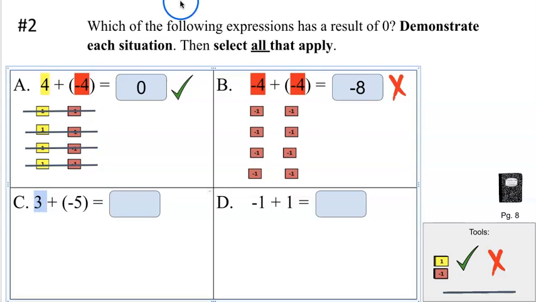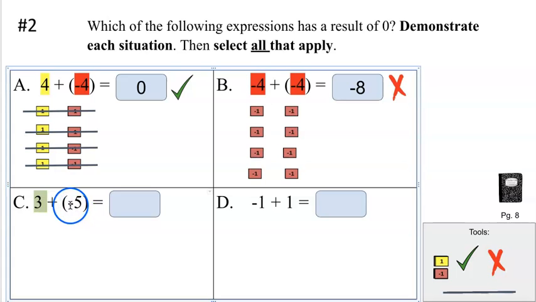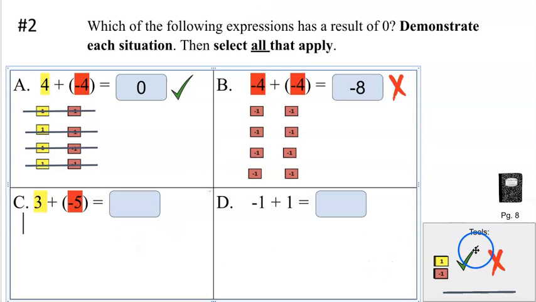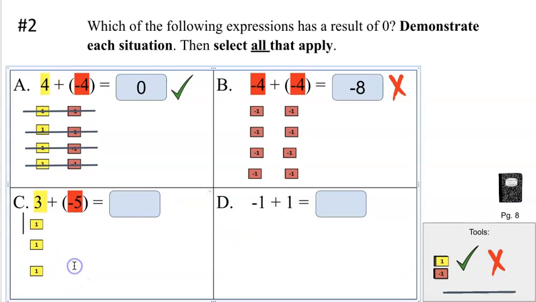Here's positive 3. We're going to highlight that in yellow. Here we go. And here's negative 5. We're going to highlight that in red. After you highlight, you're going to go to your algebra tiles, and you need 3 yellow ones. Here's 1, here's 2, and 3. Now you need 5 red ones.